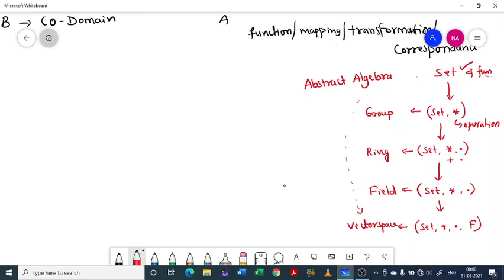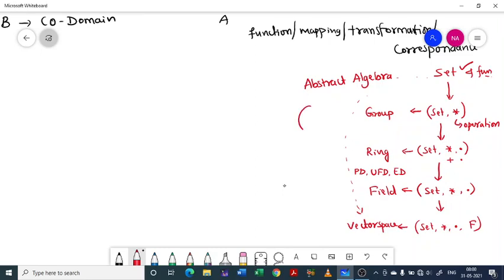In fact, under rings there are many substructures: principal domain, unique factorization domain, Euclidean domain. And one more thing I have to say: when we study one algebraic structure, we always study its substructure.